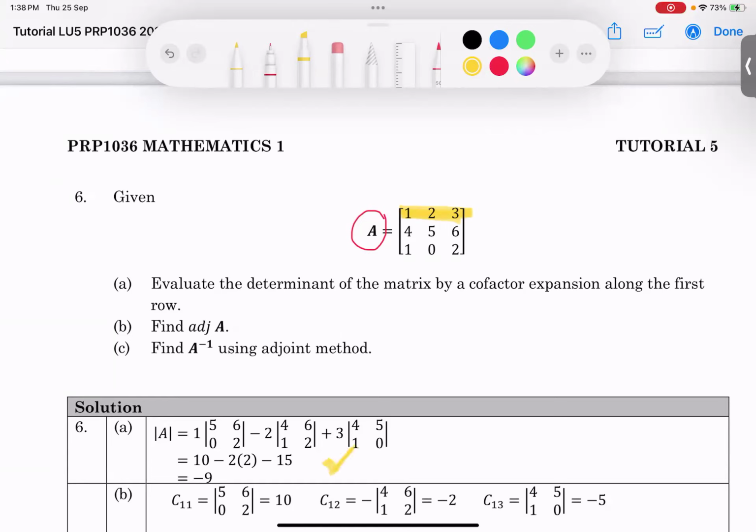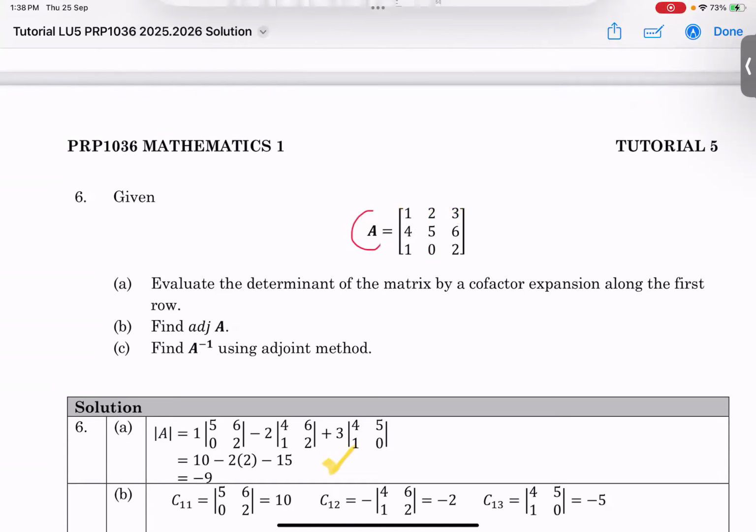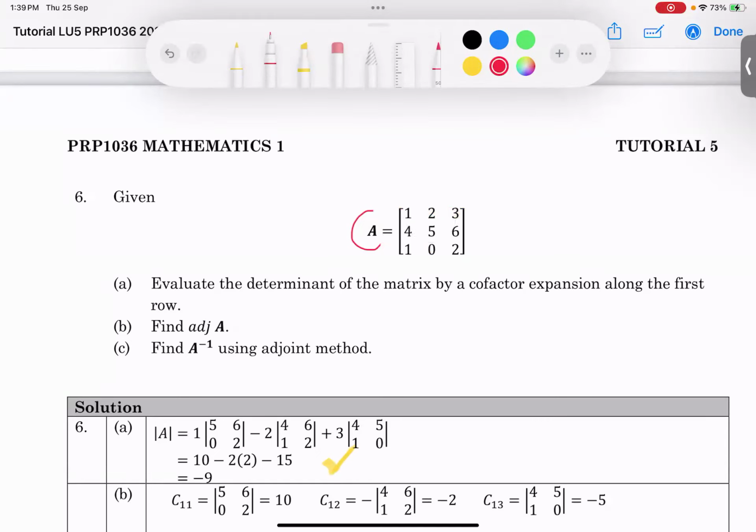So you can see from here 1. If I involve 1, I will get this 5602. If I involve 2, then I will take 4162. If I involve 3, I will involve this one. Okay, so this is how I get my determinant.